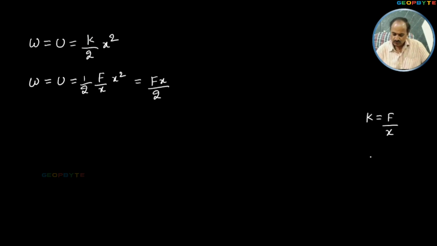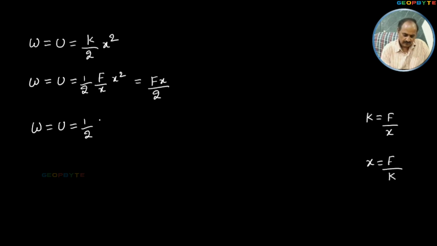Similarly, from this I can write x equals F by k. So the elastic potential energy equals half into F into F by k, which equals F squared by 2k.